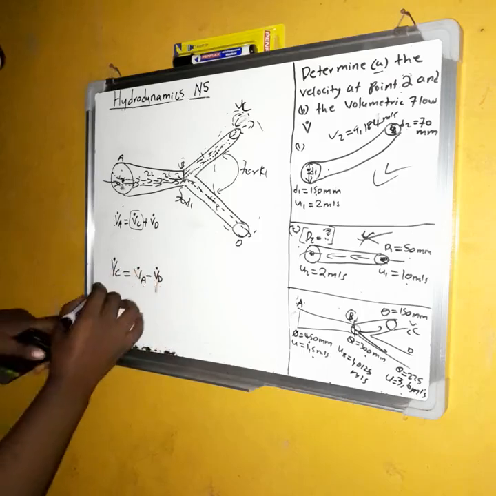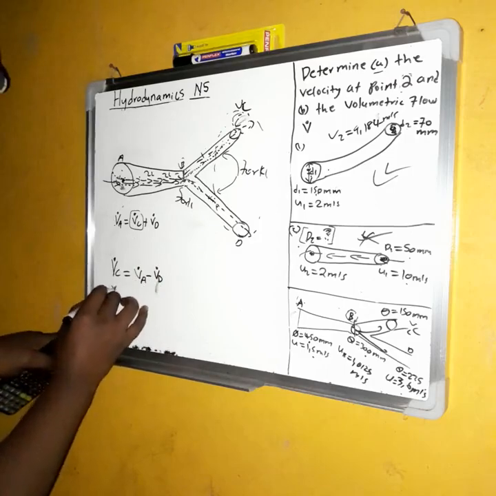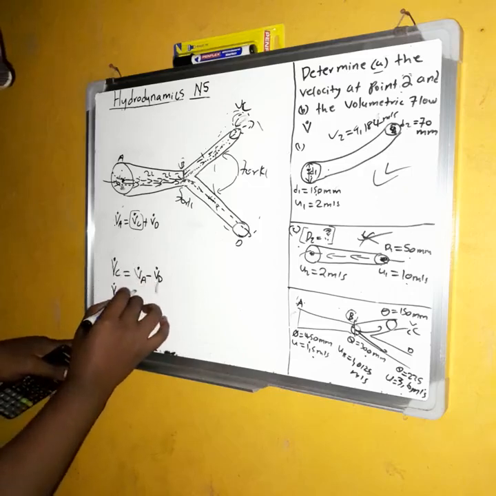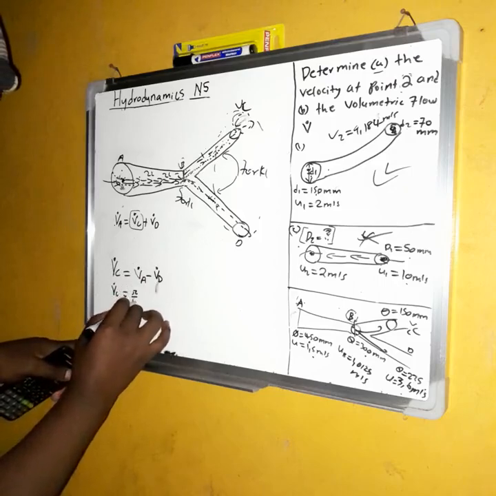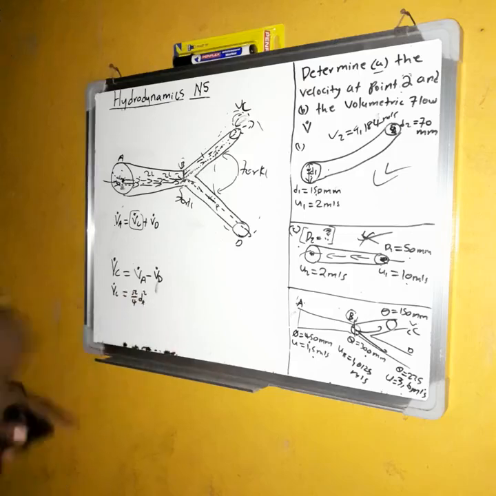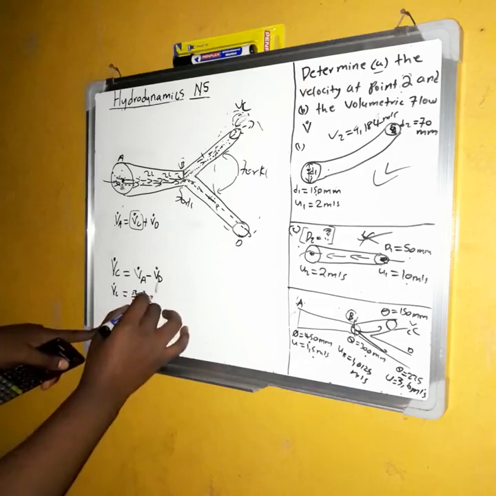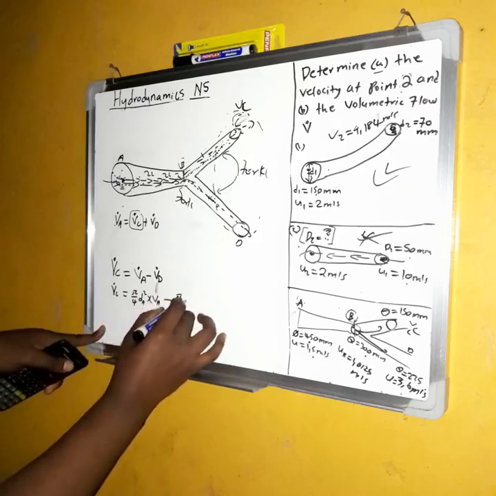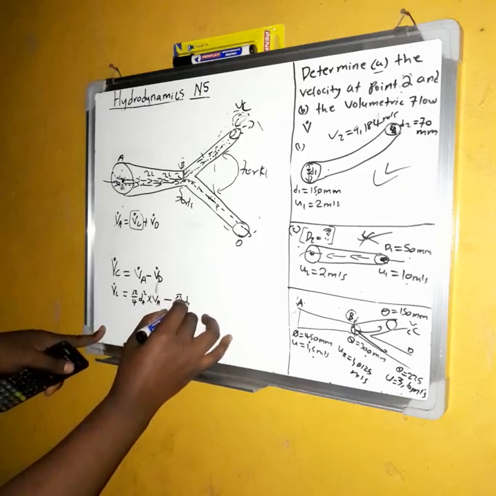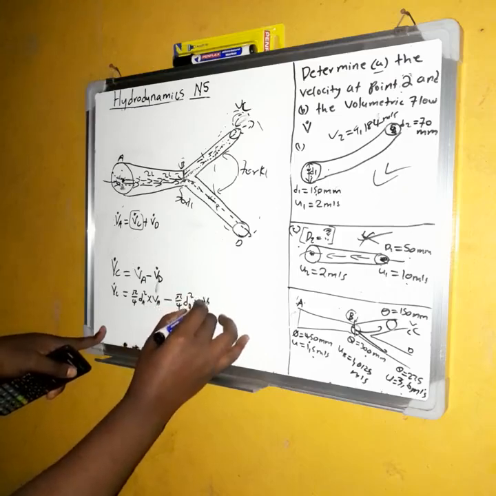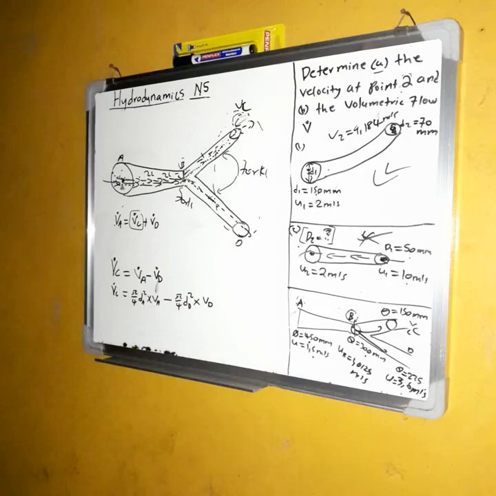Right, then remember this is still the volumetric flow. But I know the volumetric flow is given by pi over 4 d at A squared, right, multiplied by velocity at A, minus pi over 4 d at D squared multiplied by velocity at D. That's what I know.